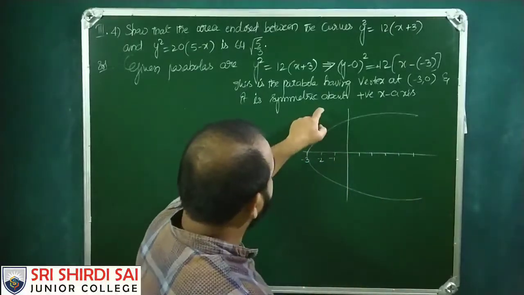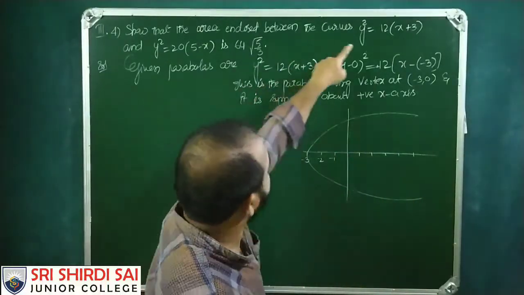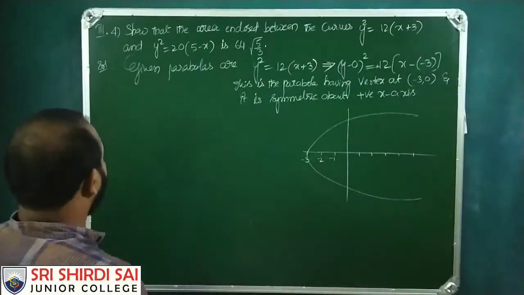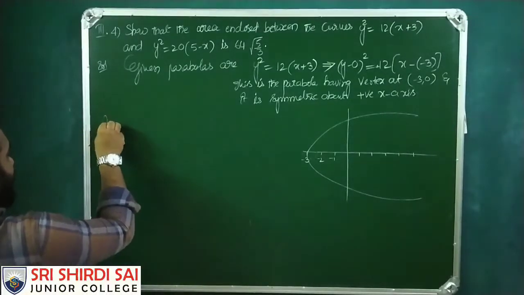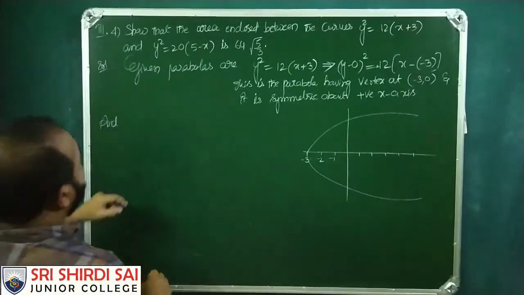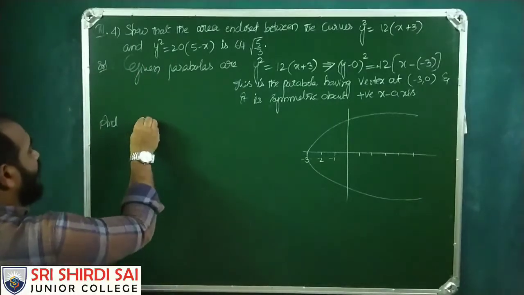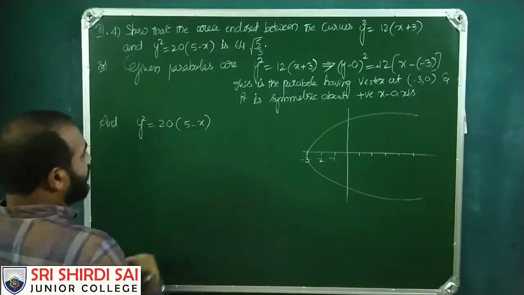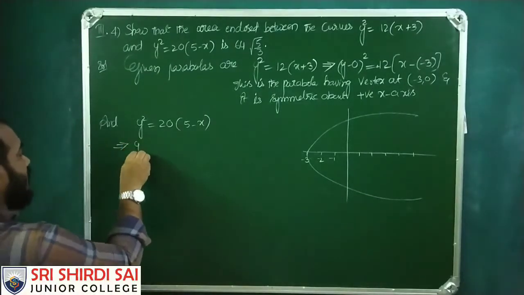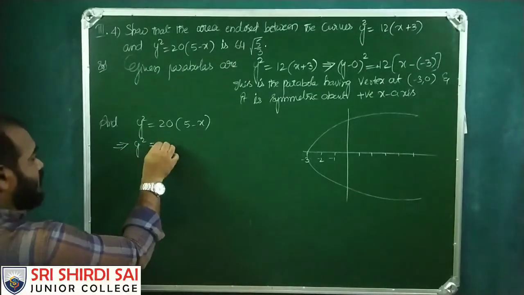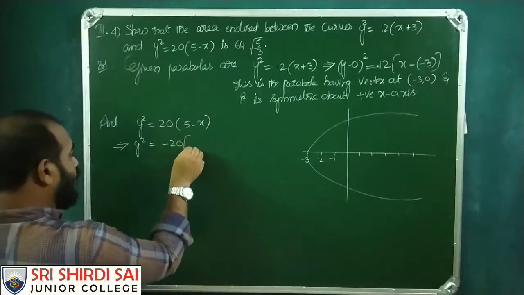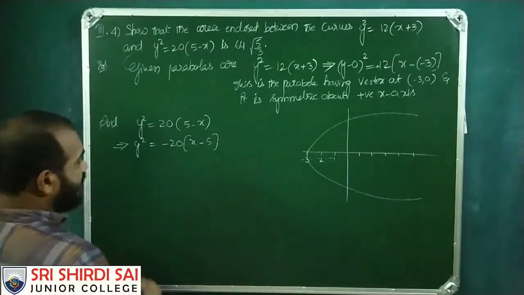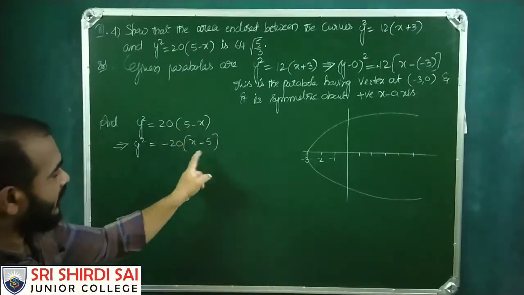So this parabola is y square equals 12 into x plus 3, and another parabola is y square equals 20 into 5 minus x. This can be written as y square equals minus 20 into x minus 5. So minus I have taken common, then x minus 5.